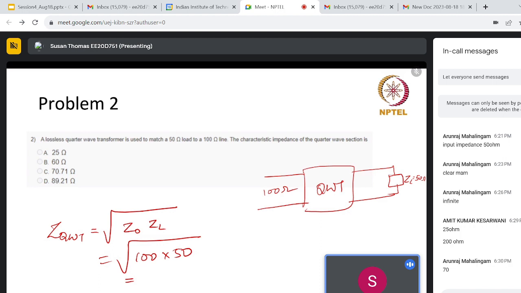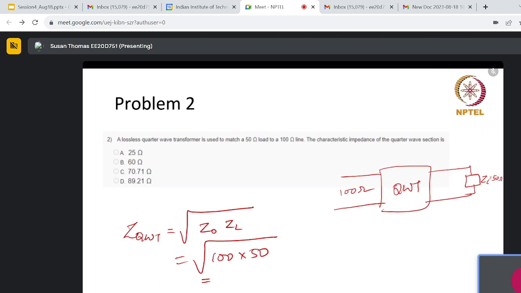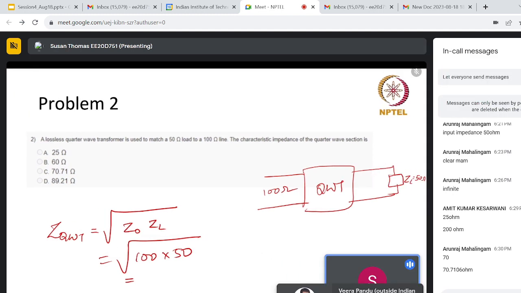I think it's a simple question. I hope everybody is able to solve this.